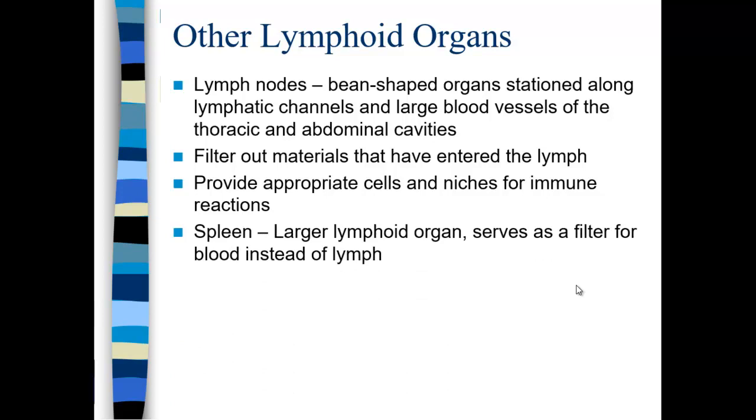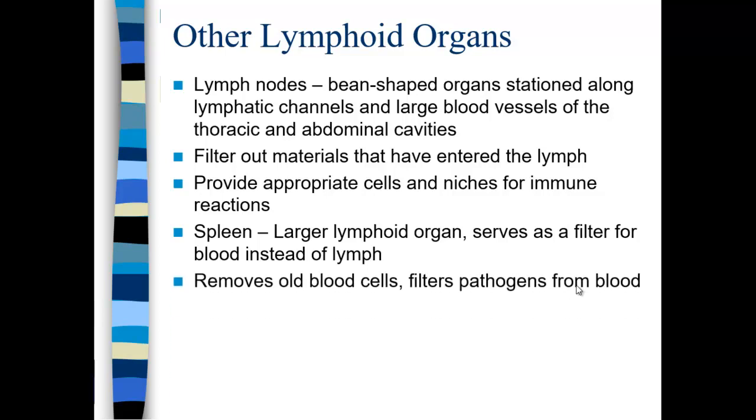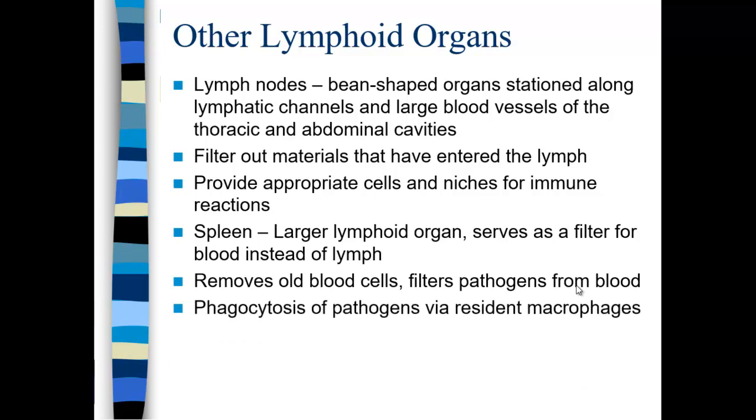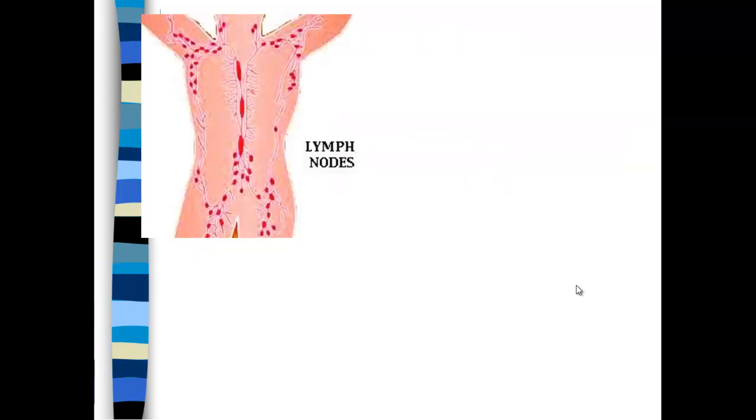Another lymphoid organ is the spleen. It serves as a filter of the blood, okay, instead of the lymph. The spleen removes old blood cells and filters pathogens from the blood. And then phagocytosis of pathogens occurs in the spleen by resident macrophages.